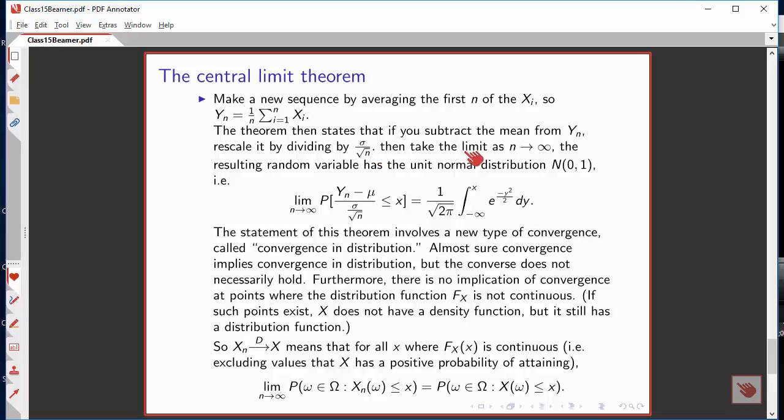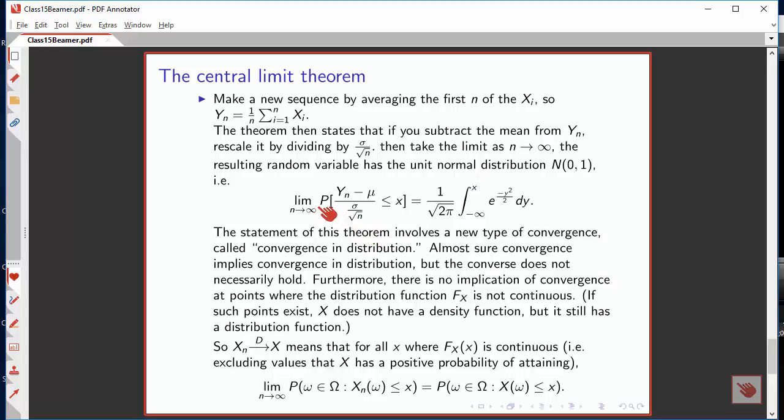If we do that and take the limit as n approaches infinity, all of these constructed Y sub n's will have a common expectation, and they will all have exactly the same variance as the individual X sub i. What the theorem says is not only that, the random variable that we get after we subtract off the mean and rescale has very specifically the unit normal distribution.